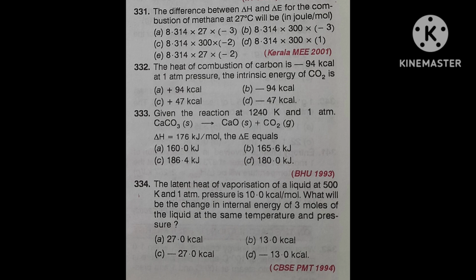Convert that calorie into kilo, 2 kilocalorie, because the temperature is given in Kelvin, correct? Then 2 divided by 1000 into 500, that is the Kelvin. After that, simplification is not difficult, and you will get 27.